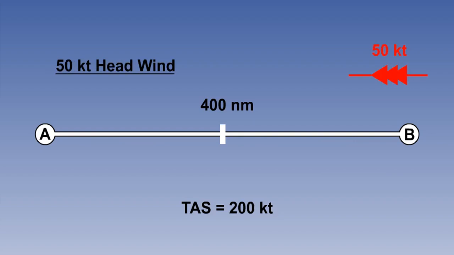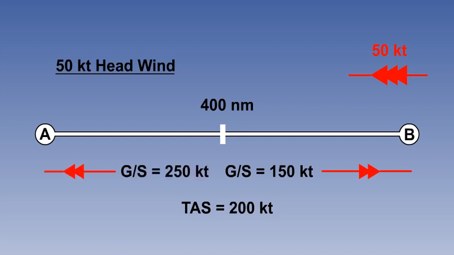Now, we'll leave the halfway mark on the diagram, just for reference. But we'll look at the effect of a 50-knot headwind all the way along the route. Now the ground speed onwards will be 150 knots, while the ground speed home is 250. The point of equal time has now moved forwards to a distance of 250 miles from the departure point.